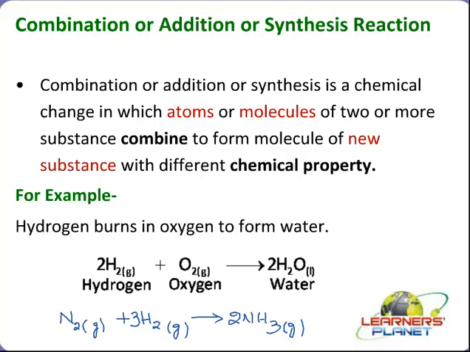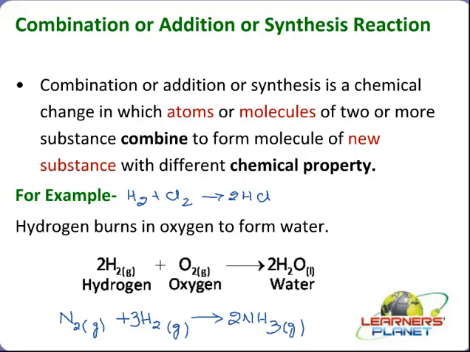H2 plus Cl2 gives 2HCl. Do you remember? That is H2 plus Cl2 gives 2HCl. So students, wherever you find two substances combining and giving a new substance, what type of reaction is it? It is a combination reaction.